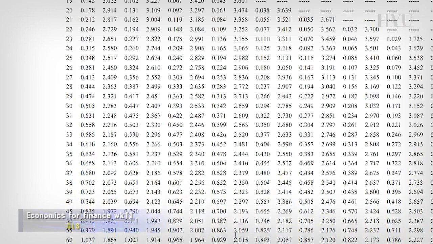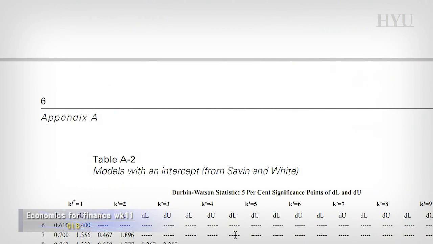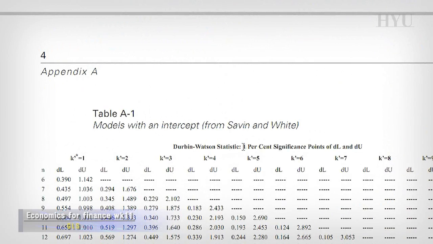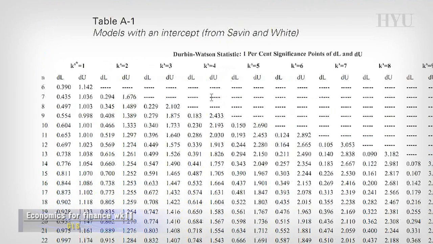Okay, this is the Durbin-Watson statistic, and then K equals 3, 4. This is the Durbin-Watson statistic, 1% significance point. Suppose we have three factors and suppose we have 17 observations. Then there are an upper and lower bound. If our Durbin-Watson statistic is less than the lower bound or greater than the upper bound, then we have to reject our null hypothesis that rho is 0.